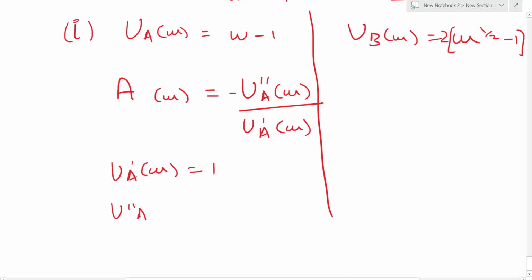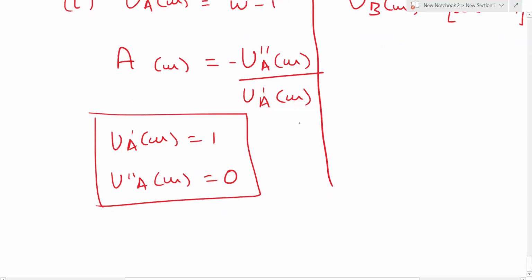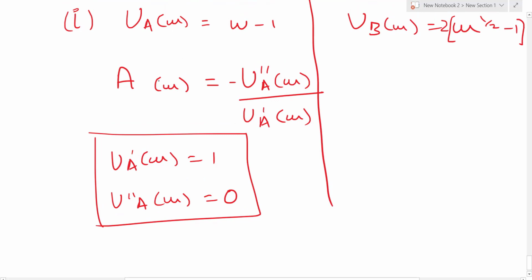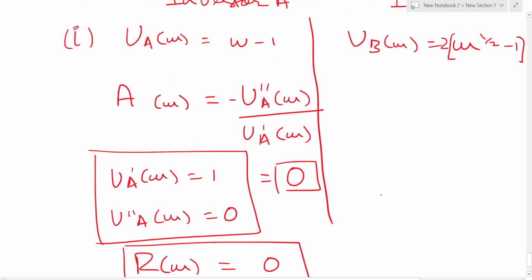U double dash A W, what would it be? 0. Clear? Fine. Once you have this, what would be the risk aversion? First, it would be 0 divided by 1. And relative risk aversion would be absolute risk aversion multiplied with W. Again 0. So both relative and absolute risk aversion are 0.